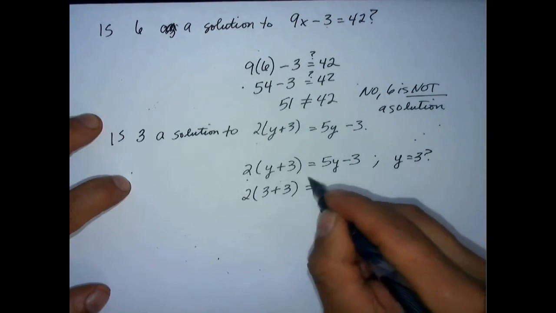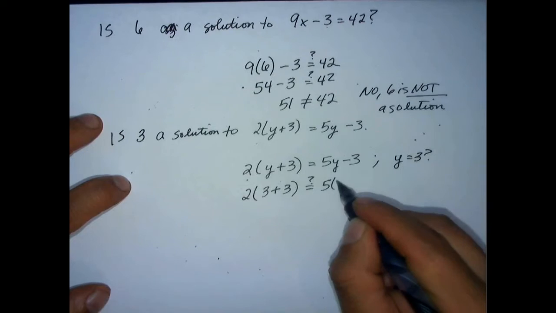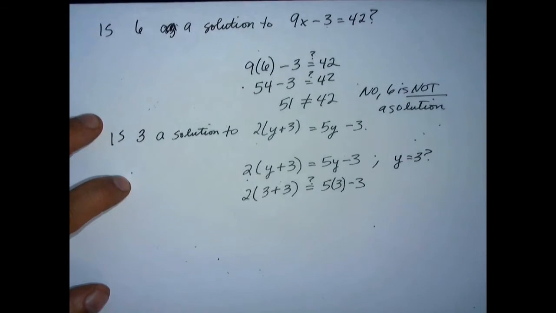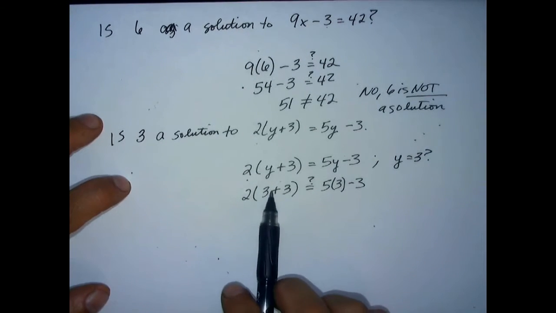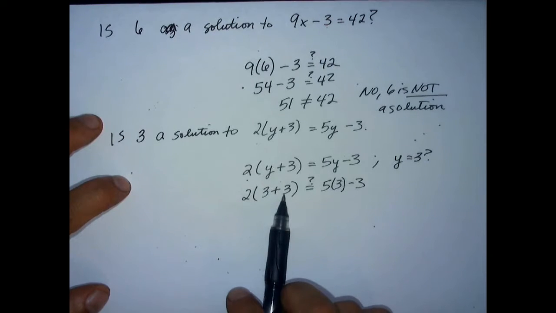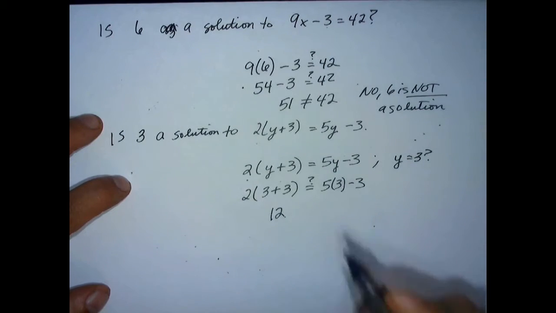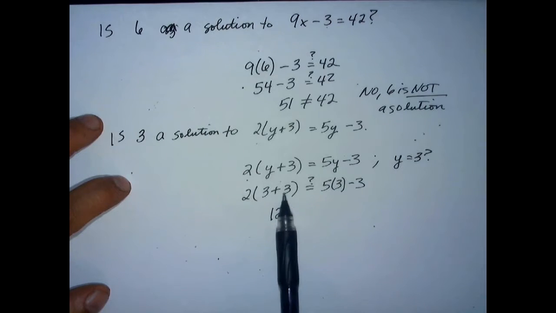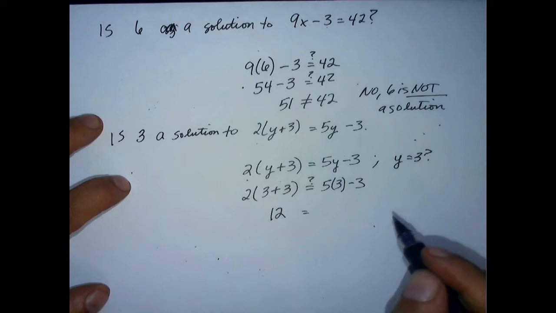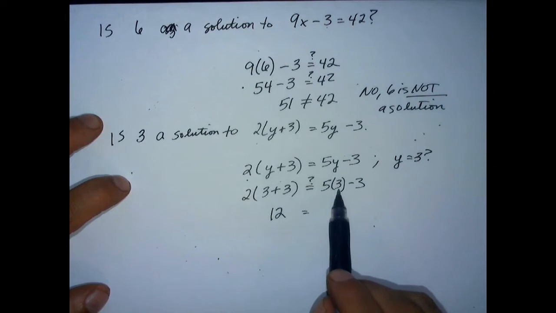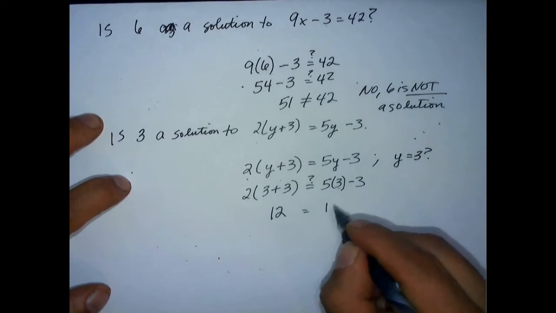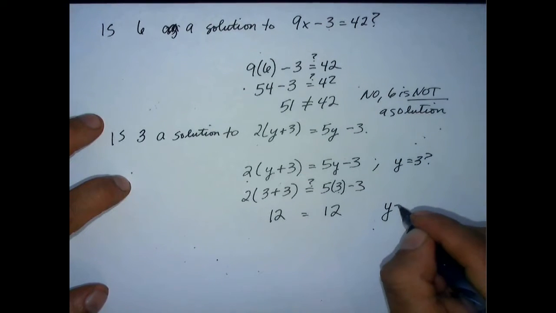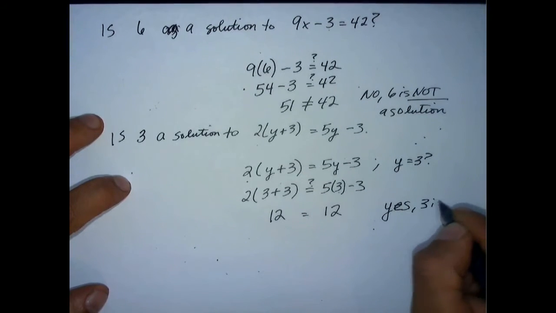Is that equal to 5 times 3 minus 3? On this side we do 3 plus 3 first, right? And 3 plus 3 is 6, and 6 times 2 is 12. Let me do that again, just so everybody gets this. 3 plus 3 is 6, and 6 times 2 is 12. The other side, from left to right, 5 times 3 is 15, minus 3 is 12. 12 equals 12, so yes, 3 is a solution.